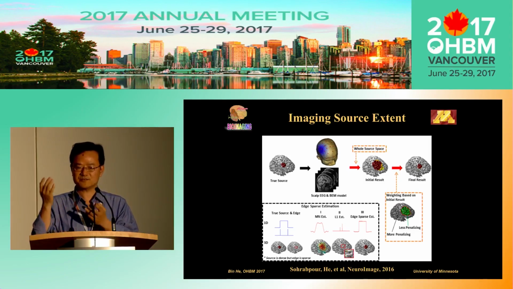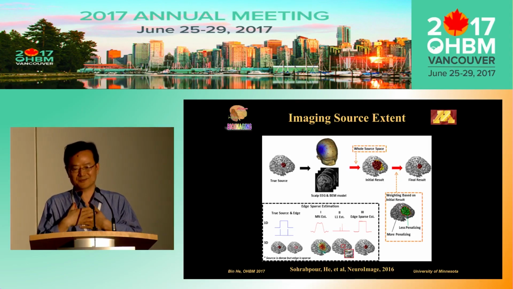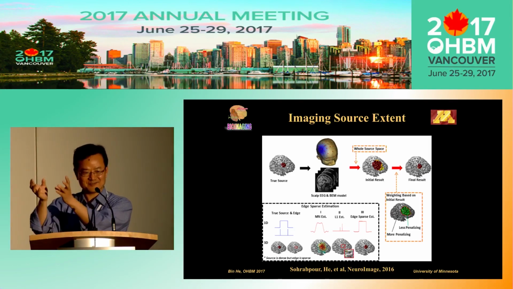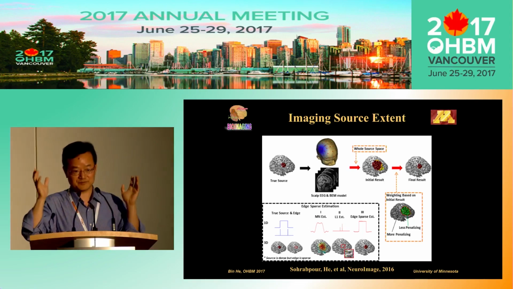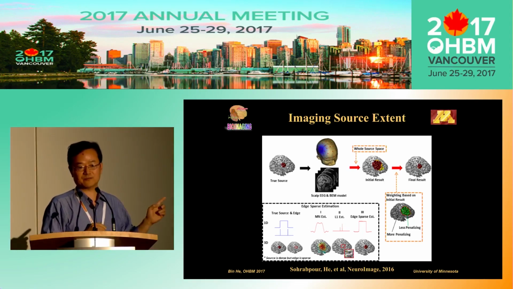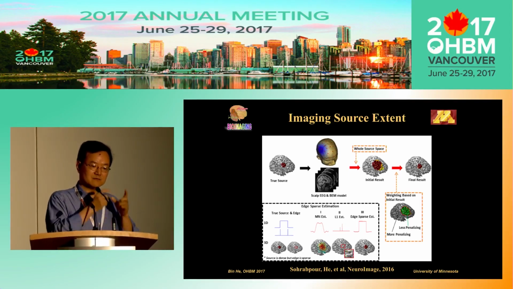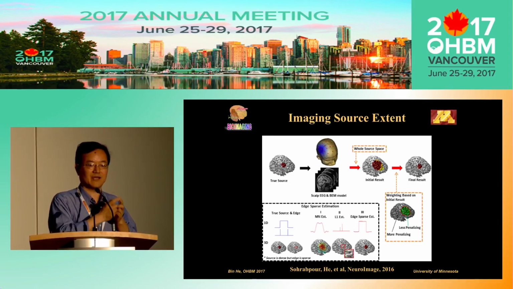On the other hand, functional MRI, which I work on too, by the way, can give me the extent of the activation, which is beautiful. So we tried to tackle this challenge. The problem statement is: can we estimate the source extent objectively from EEG or MEG?